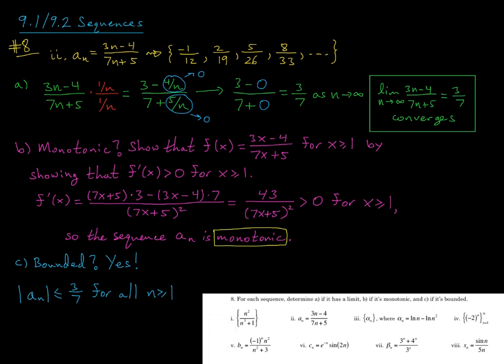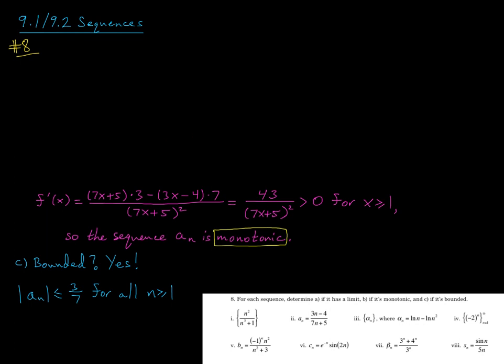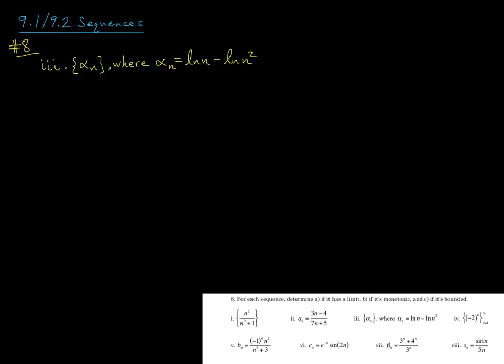Okay, now let's turn to part 3. All right, so we're looking at the sequence. This is an alpha, Greek letter, alpha sub n, where alpha sub n is this difference of logarithms, so the natural log of n minus the natural log of n squared. All right, my first recommendation here is to rewrite this thing using log properties.